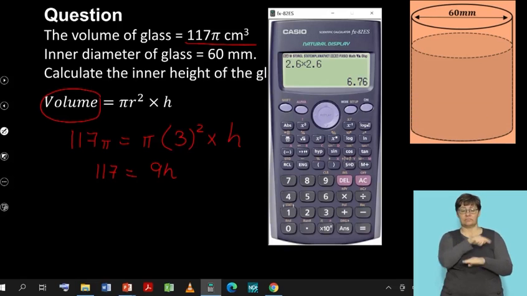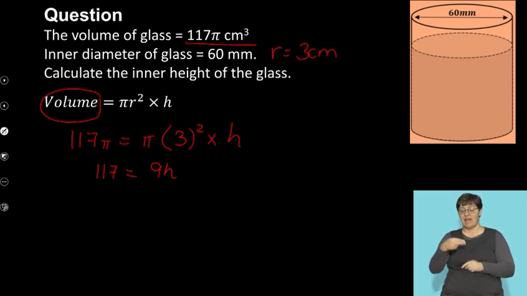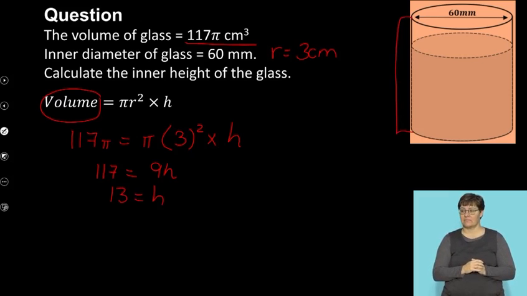Then I'm going to divide my 117 by 9, which gives me 13. So the height of my glass is 13 centimeters. So the total height over here is 13 centimeters.